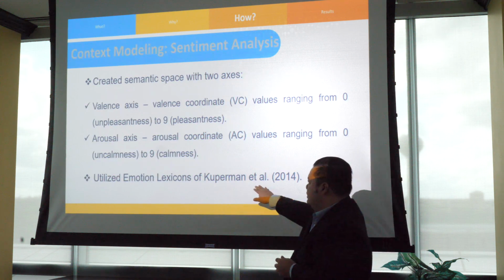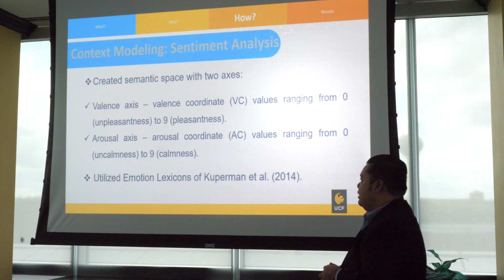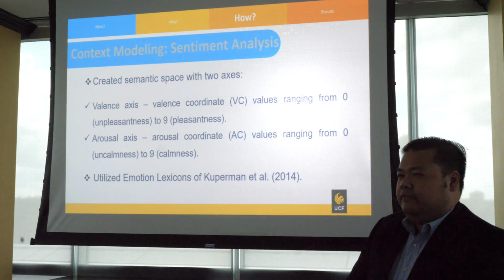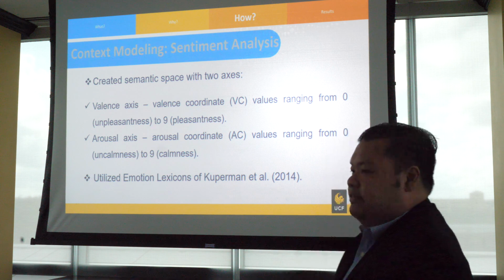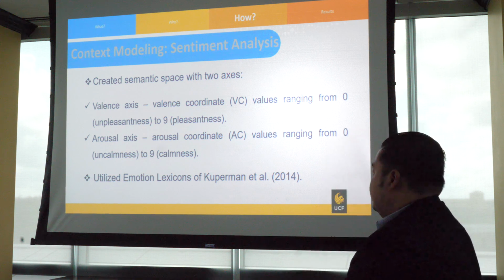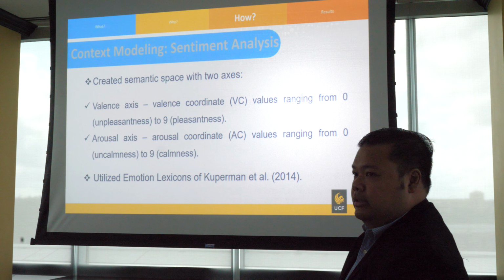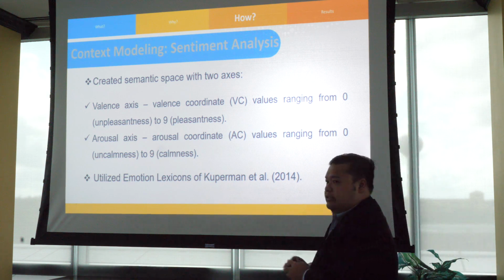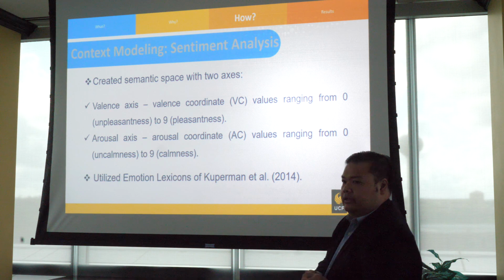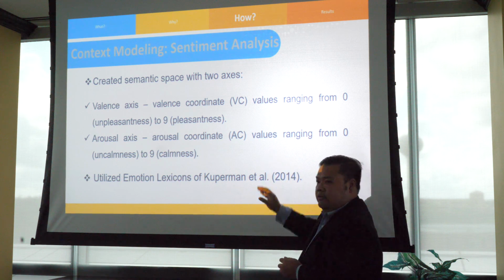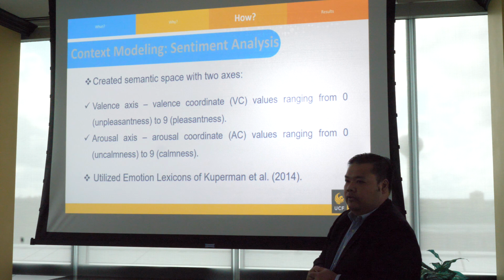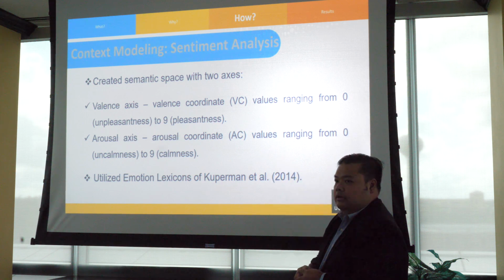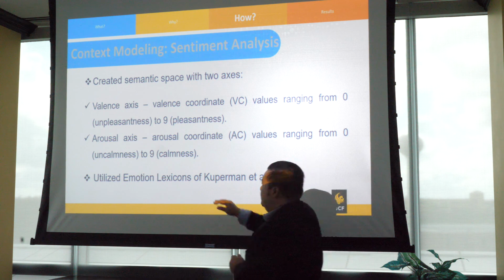And then basically we use the lexicon from Kuperman et al. The Kuperman et al. lexicon has about 14,000 non-domain-specific words that have valence, arousal, and dominance factors. But since we're trying to study the effect of valence and arousal, and since a lot of emotion theory focuses more on valence and arousal, I just use those two variables.